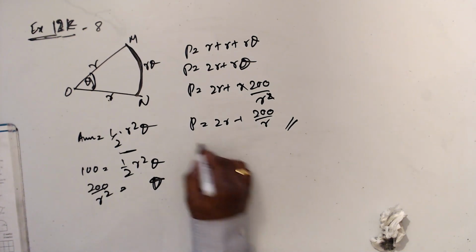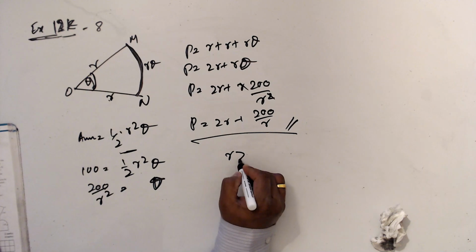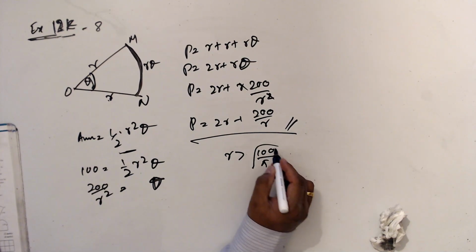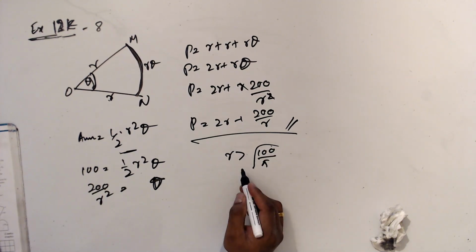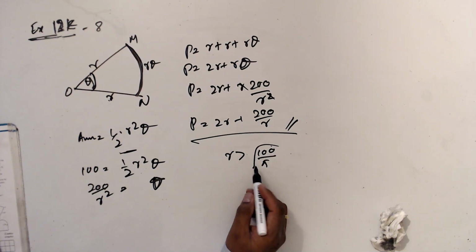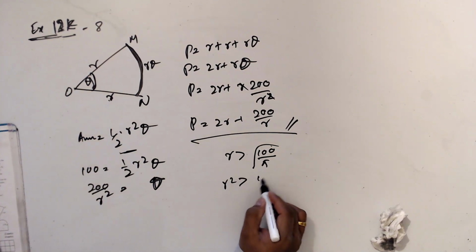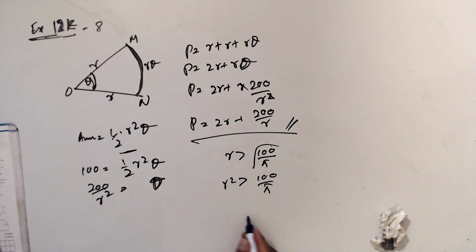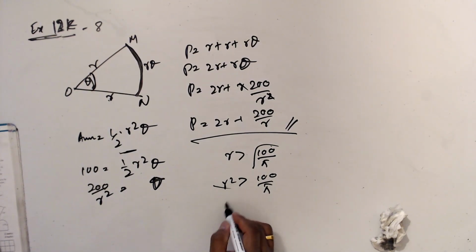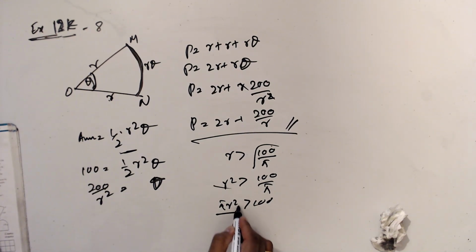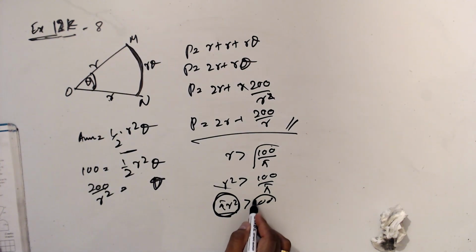Now there's also an inequality we have to look at. What is this inequality? r is greater than the square root of 100 over pi. If I square, will it change the sign? Okay, r is positive, everything is positive when I square. So I'm searching. If I bring it here, pi r squared is greater than 100. What is pi r squared? This is the area of a circle. This is the area of a sector.